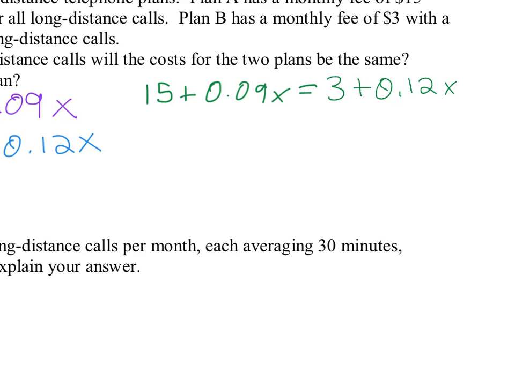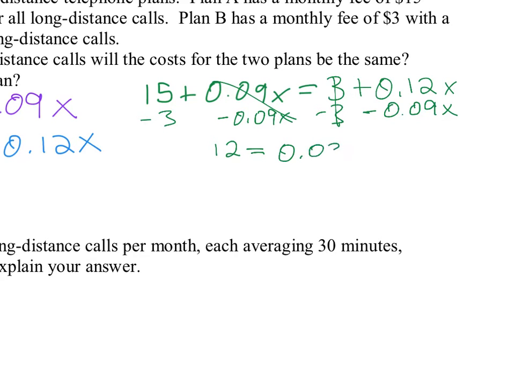Okay, so I like positive x's, so I'm going to subtract the 0.09x, which means I have to subtract the 3 to get it over to the other side. Those go away, those go away. Now I have 15 minus 3 is $12. 12 cents minus 9 cents is going to be 0.03. Okay, now I divide both sides by that.